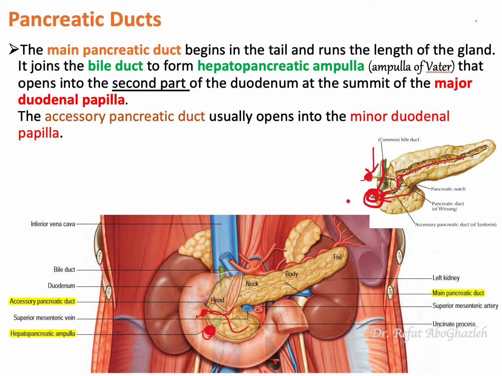This is the hepatopancreatic ampulla, because it is related to the bile duct and pancreas. Yes, hepato because the bile is synthesized in the liver and stored in the gallbladder, then from the gallbladder through the bile duct it is secreted into the duodenum.